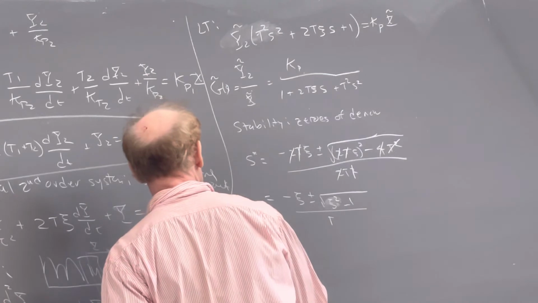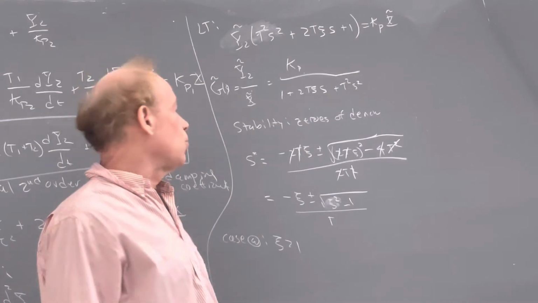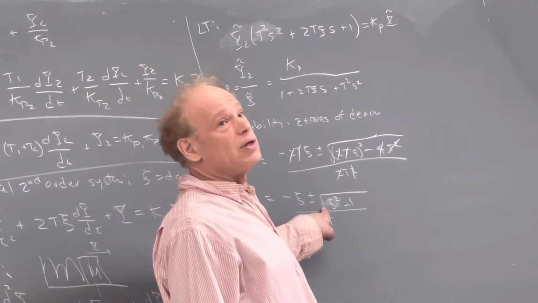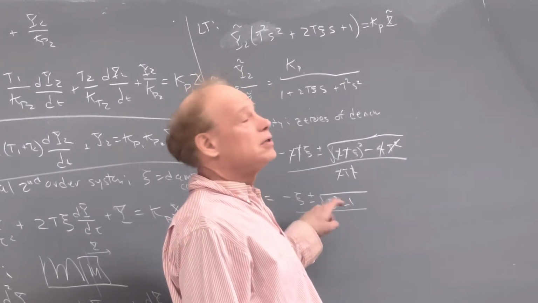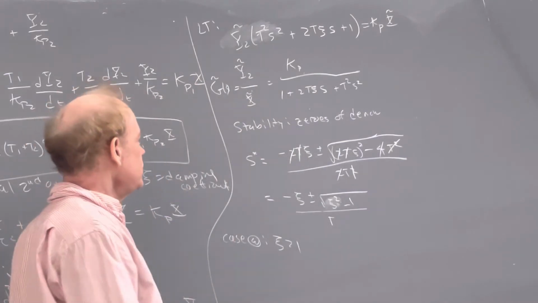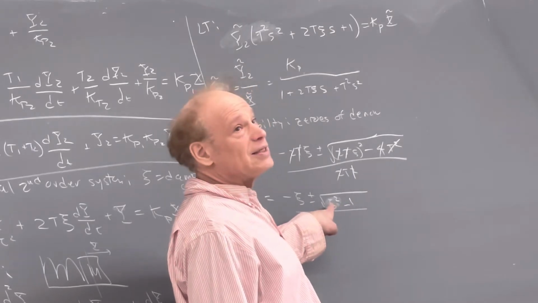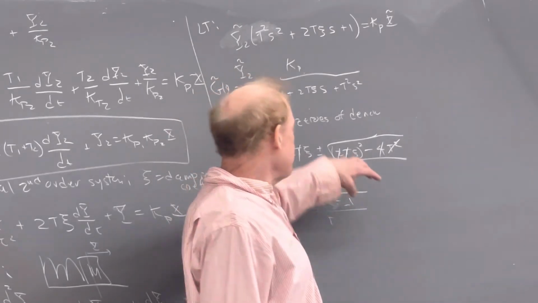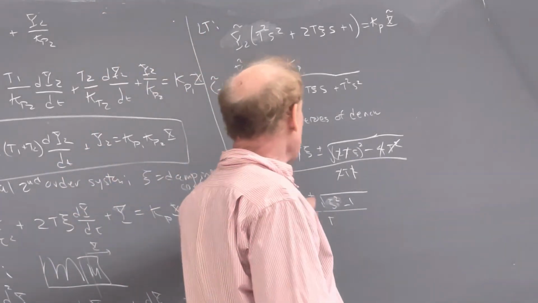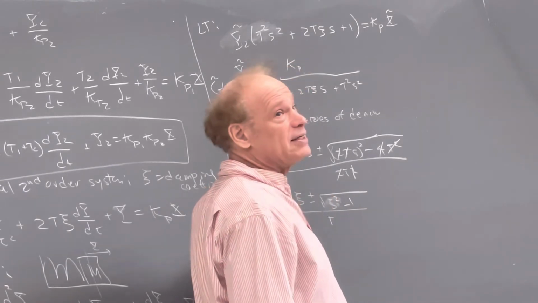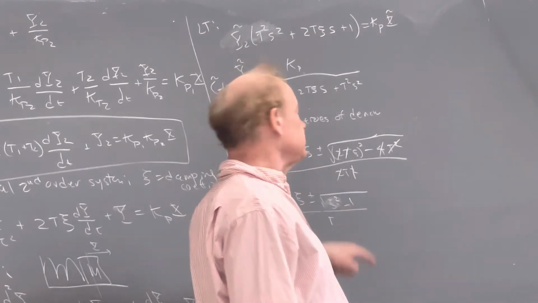So, first case, c greater than 1. If c is greater than 1, then the thing inside the square root is positive, so the square root is real. Moreover, the square root of c squared minus 1 is less than the square root of c squared. So the magnitude of this thing is smaller than the magnitude of c. So even when I add this quantity to the minus c, it has a smaller magnitude than c, so the whole thing is still negative.